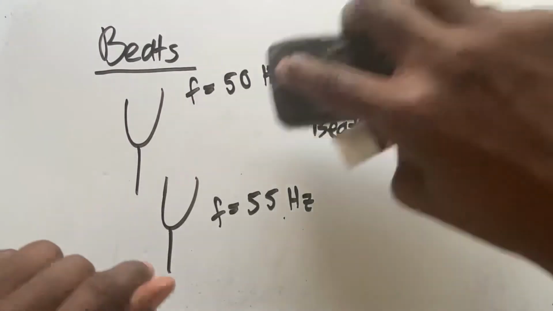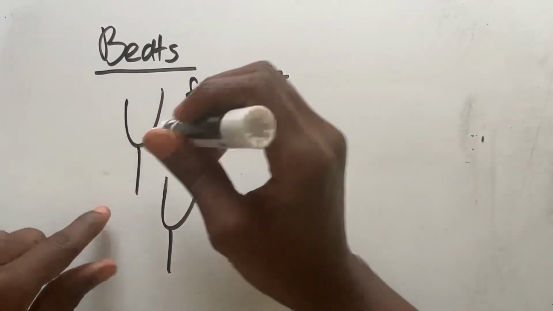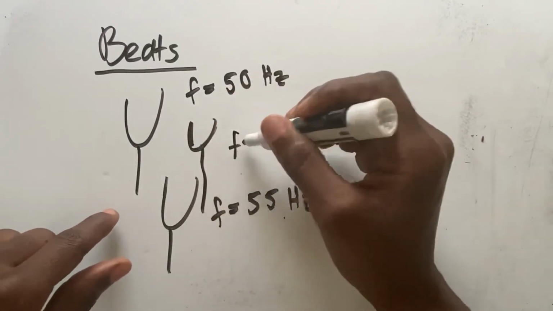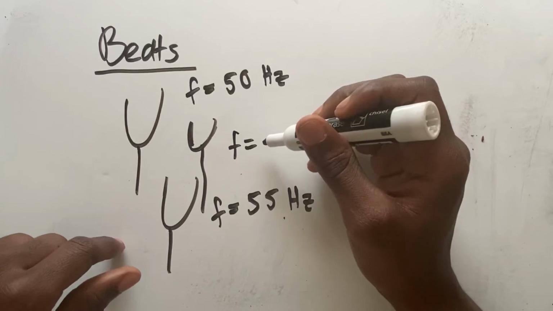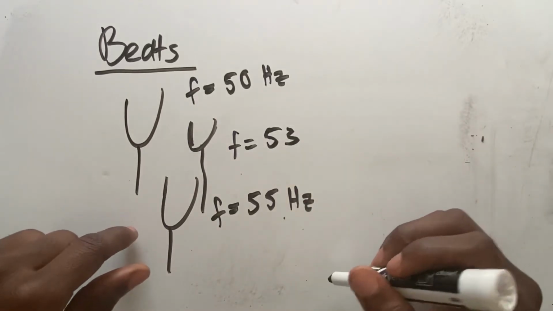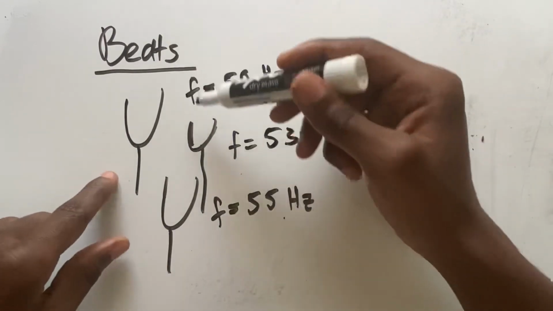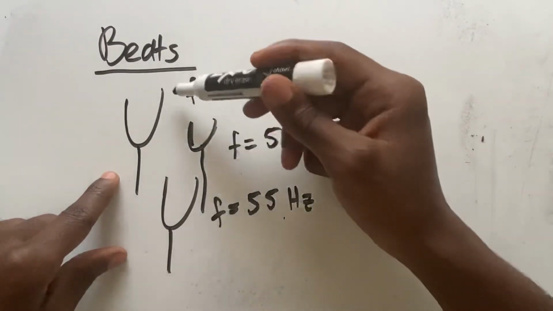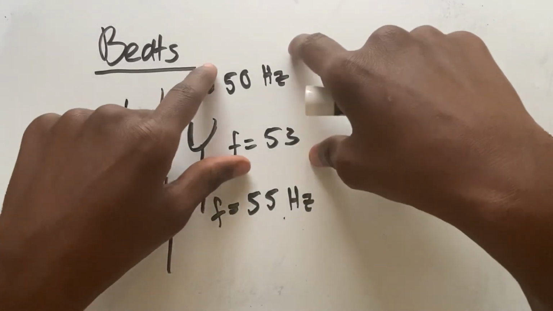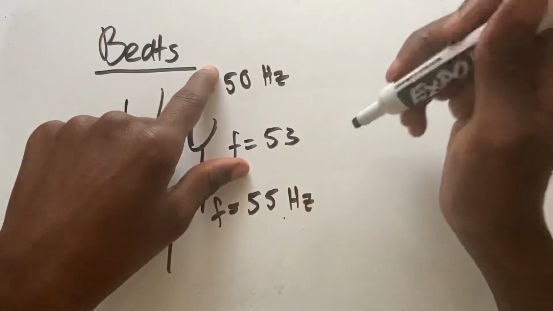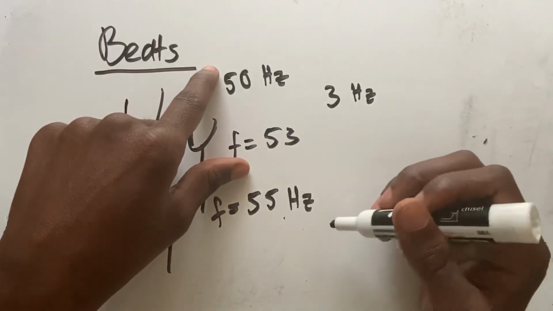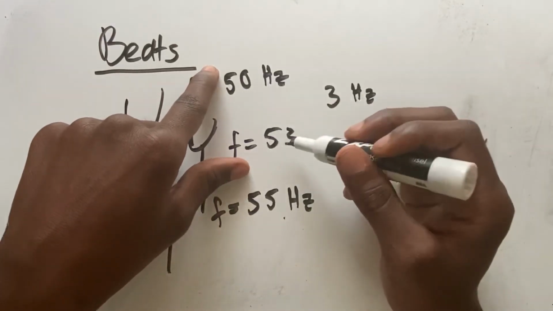If I were to add a third tuning fork, and it has a frequency of, let's say 53, then what beats do these three tuning forks produce? Well, these two are going to produce a beat of 3 hertz, because those two waves are going to interfere with each other.